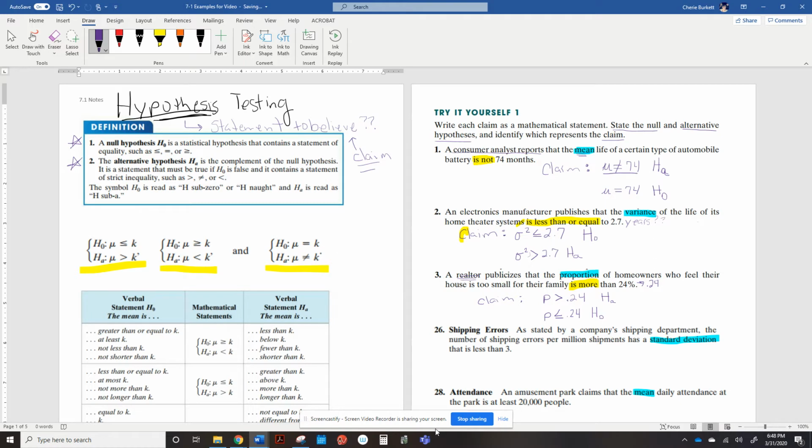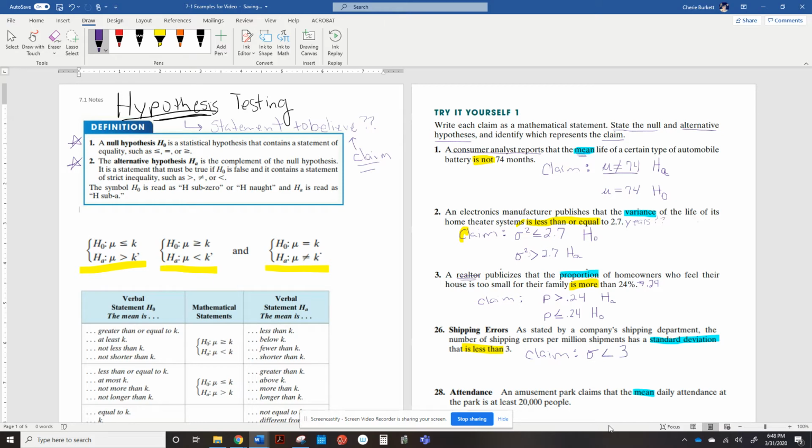I forgot to highlight this is less than. Okay, the standard deviation. So first of all, let's start off by writing our claim. What is our claim? Our claim is that the standard deviation is less than 3.